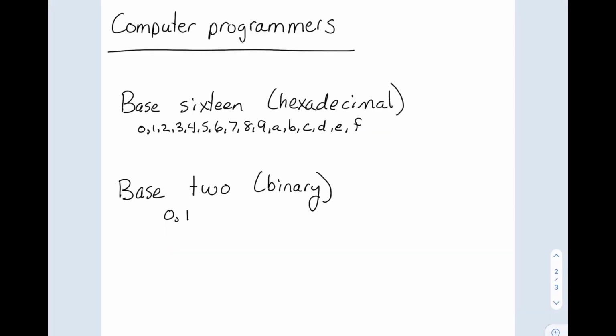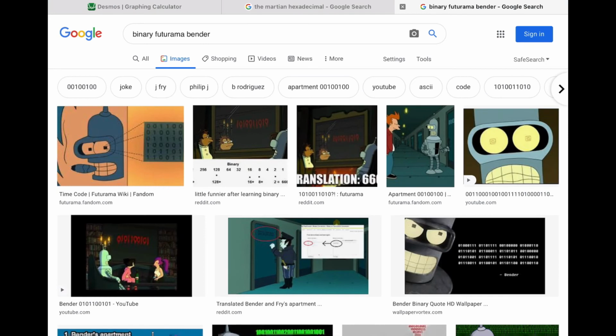Base 2, or the binary system, is how we communicate with computers, and it just uses the numbers 0 and 1. If you've ever seen the cartoon Futurama, the character Bender is a robot, based on computers, and periodically zeros and ones pop up as he's trying to communicate.